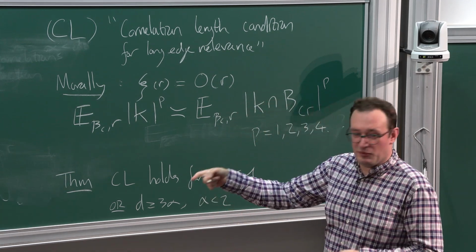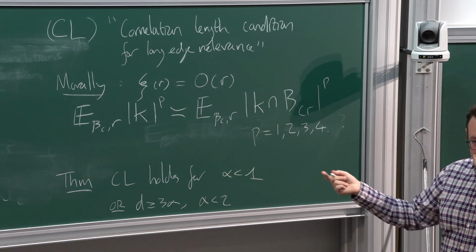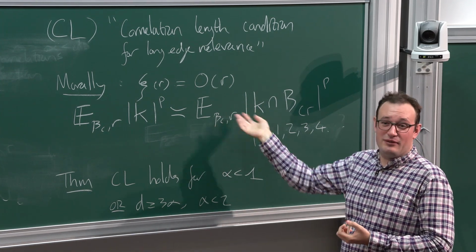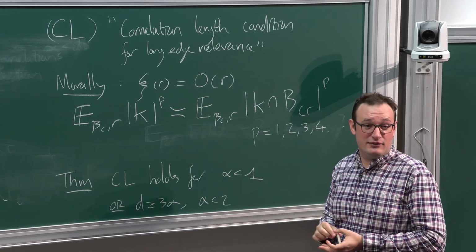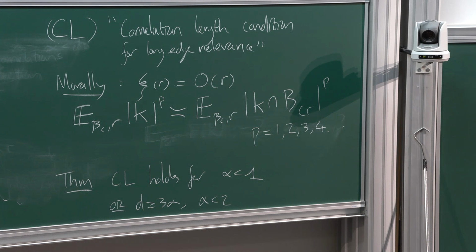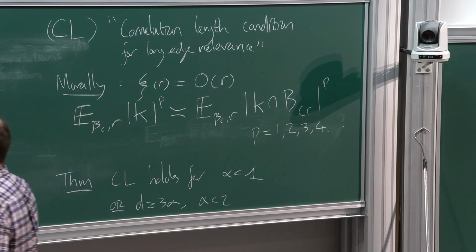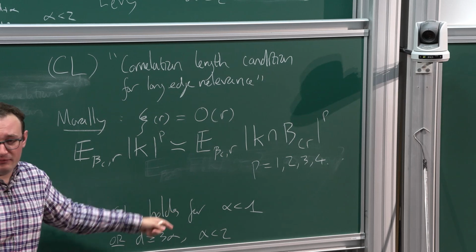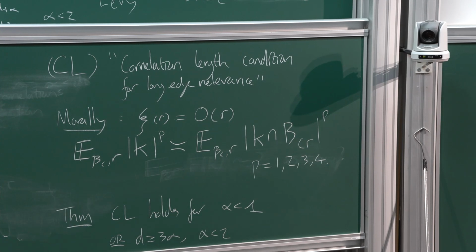So in these regimes we were already talking about, the high dimensional and critical dimension, this condition does indeed hold exactly when it should, i.e. when the model is really long range. And this is essentially a corollary of these earlier results that I mentioned about the 2-point function, but maybe a corollary is a bit strong actually. It needs a few pages of proof, but it's closely related to that.